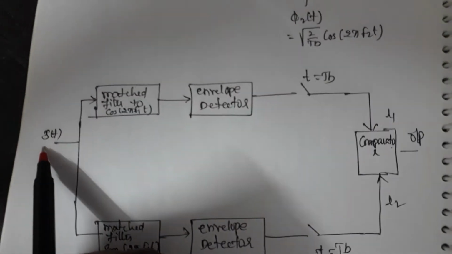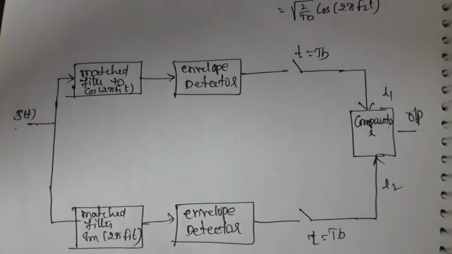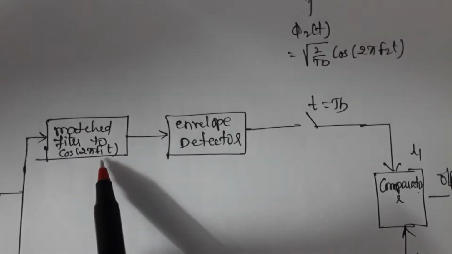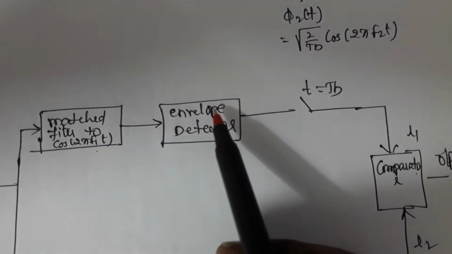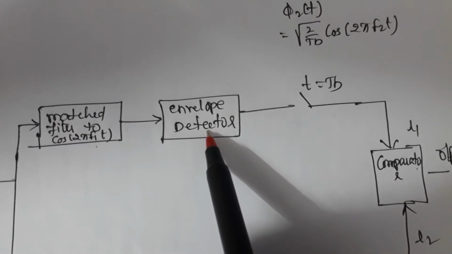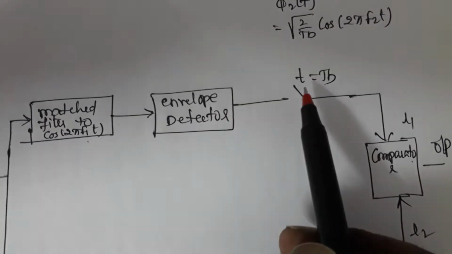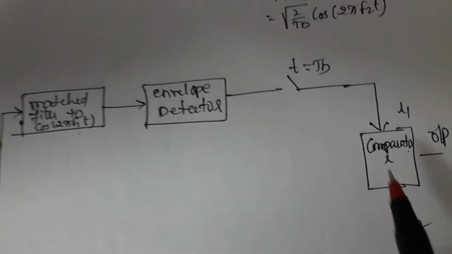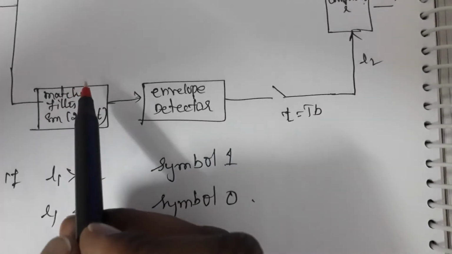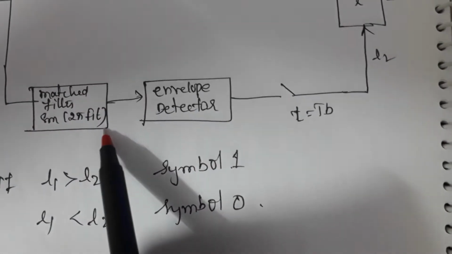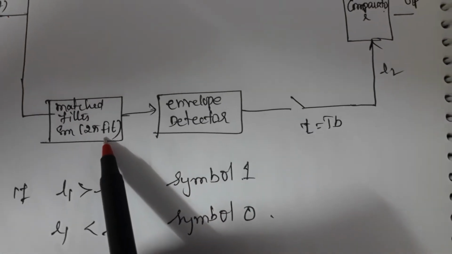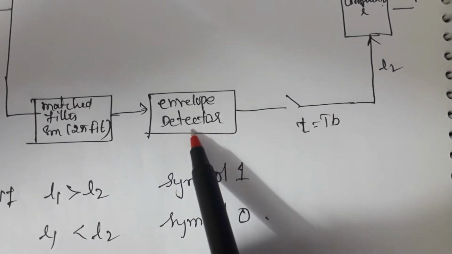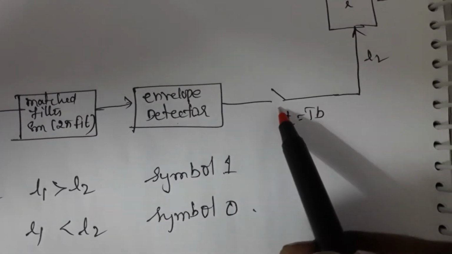Now when you receive the signal X of t, I have got a matched filter. The matched filter is nothing but a band pass filter whose center frequency is F1, followed by an envelope detector connecting the peaks of the signal. Then I have a sampler, and then a comparator. At the other end I have a matched filter, a band pass filter with center frequency F2, followed by an envelope detector connecting all the peaks, followed by a sampler.